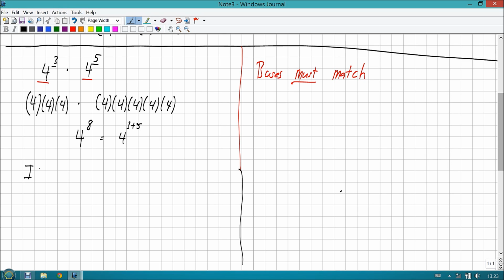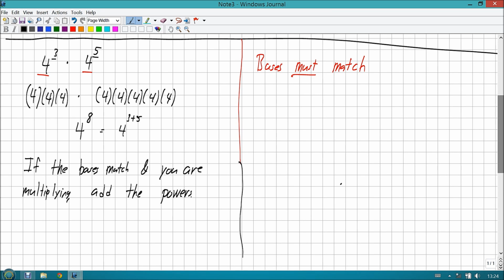So if the bases match and you are multiplying, add the powers.